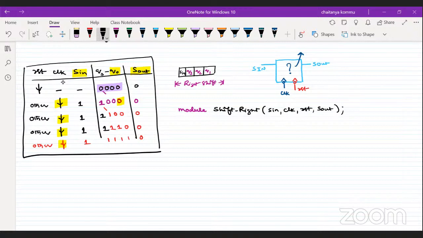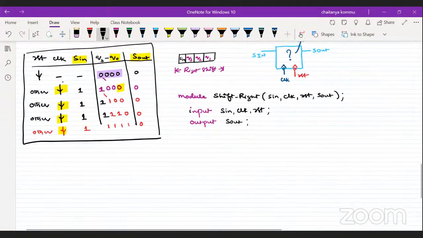The inputs are SIN, clock, reset. Output is S out.